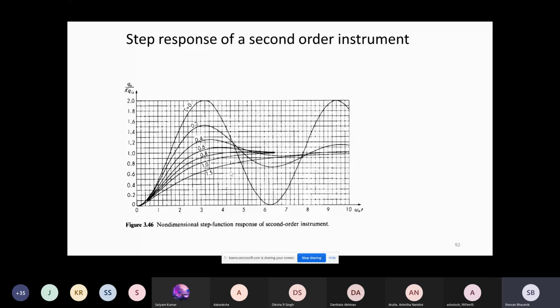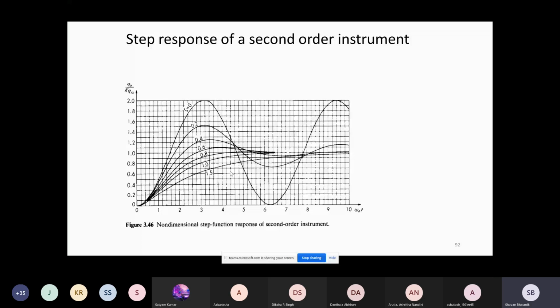Whenever you see any second order system, in most cases you will see that it works under the condition of zeta in between 0 to 1, and in between 0 to 1 there is also a specific zeta which is mostly preferred. The reason will come from the frequency response, and when we read frequency response you will see which zeta is most preferable.